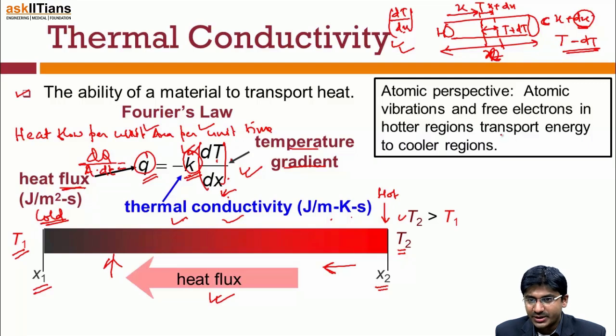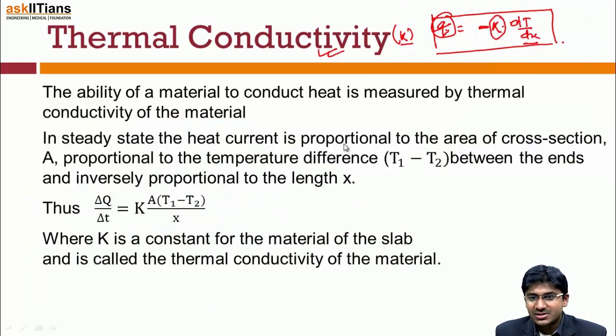If you move further apart towards the colder end, then when x increases, temperature decreases. So to make this quantity Q positive, because we want to measure a positive value, we always put this minus sign, because dT by dx is always negative.